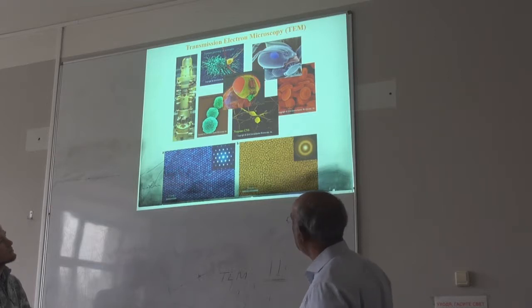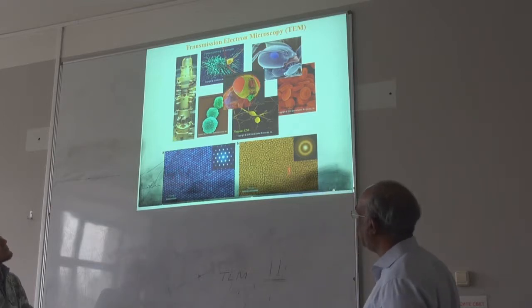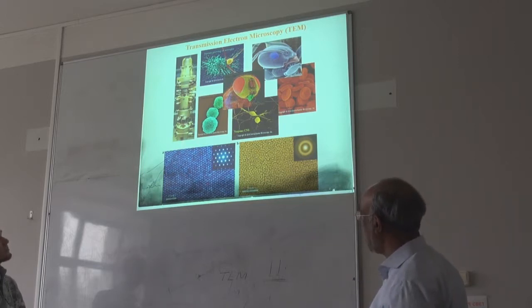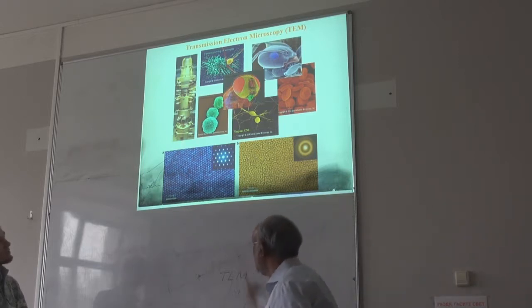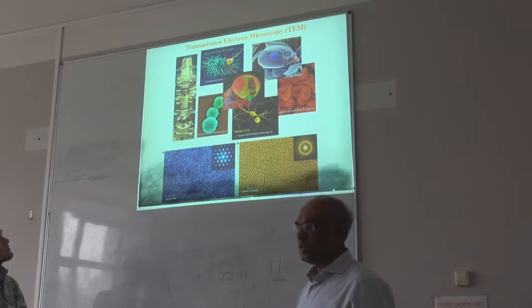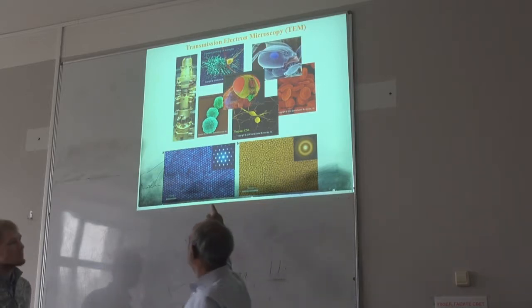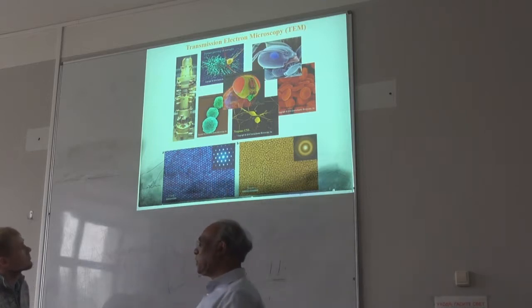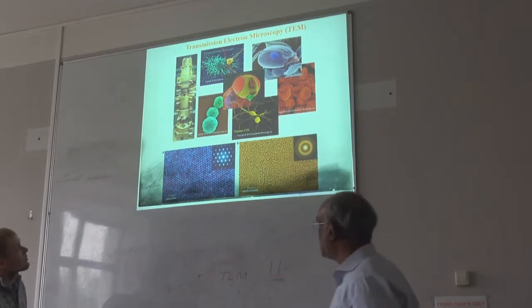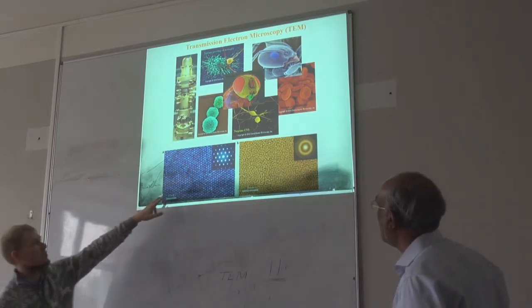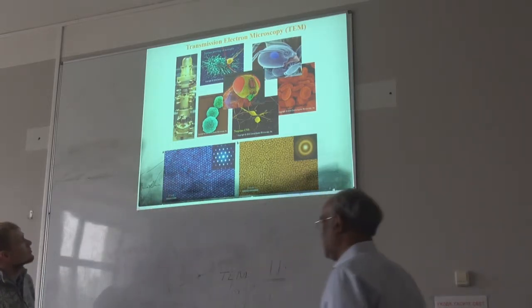This is some amorphous material, so you don't see that crystalline structure. If you have a high resolution TEM, you can look at the atomic configuration. If you have some missing atom, you can also see that. We can see vacancies and dislocations, some dislocation bands.